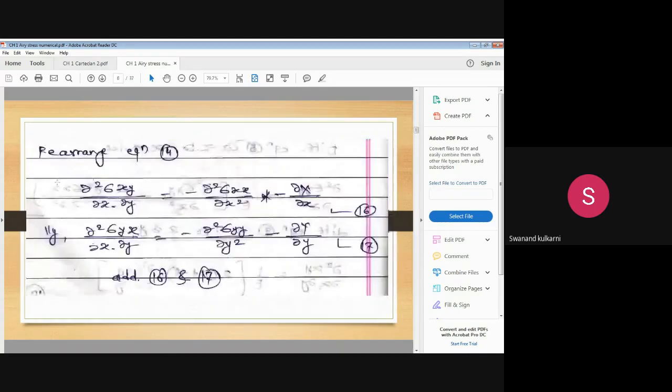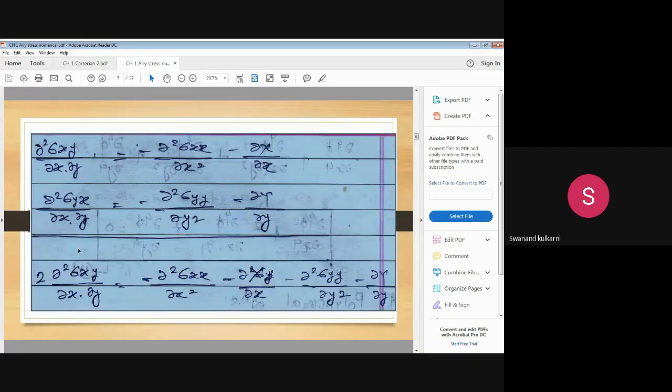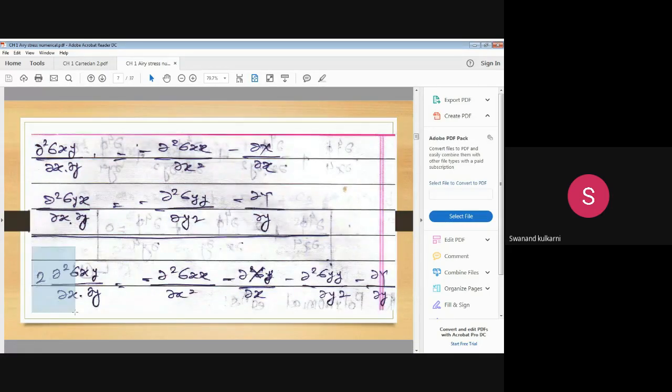Here these two equations, 16 and 17, are added. So after adding these two equations, we will get 2 times ∂²σxy/∂x∂y, because the left hand side has the same term, so that is 2 times.